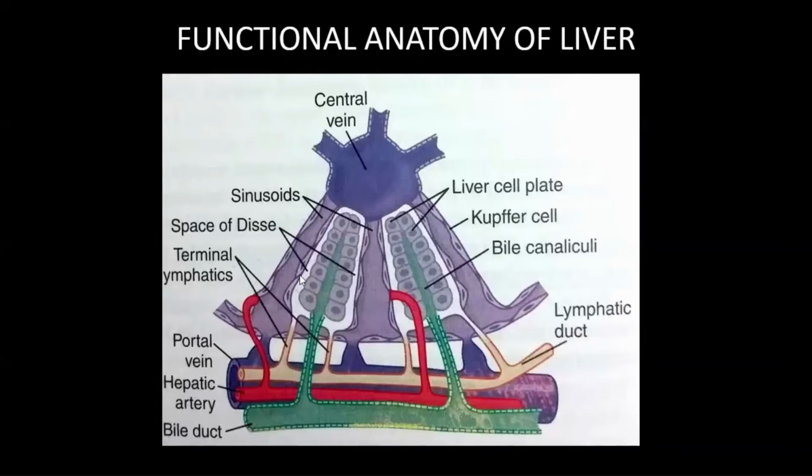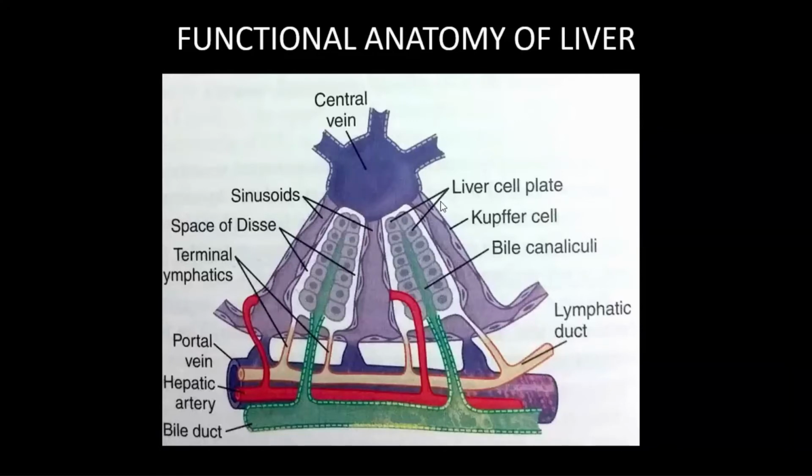These endothelial cells have large pores, so the venous blood can easily filter into the space of Disse. The space of Disse is the space between these sinusoids and the hepatic cells, and it ultimately opens into the lymphatic duct. So this is the functional anatomy of the liver.